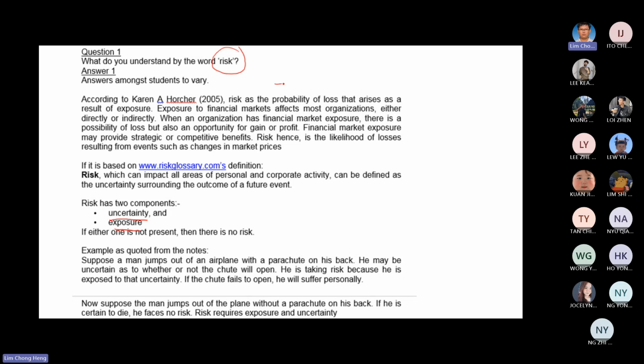For risk, we have a lot of measurements. The most popular measurement of risk is the standard deviation, because when you forecast, you get the mean, but the actual may be more than the mean or less than the mean.